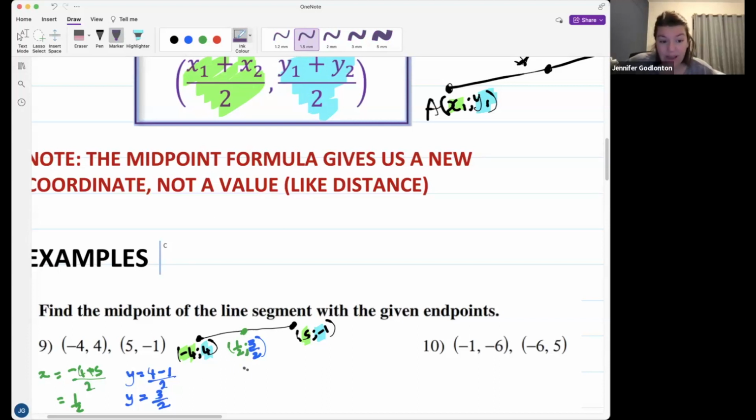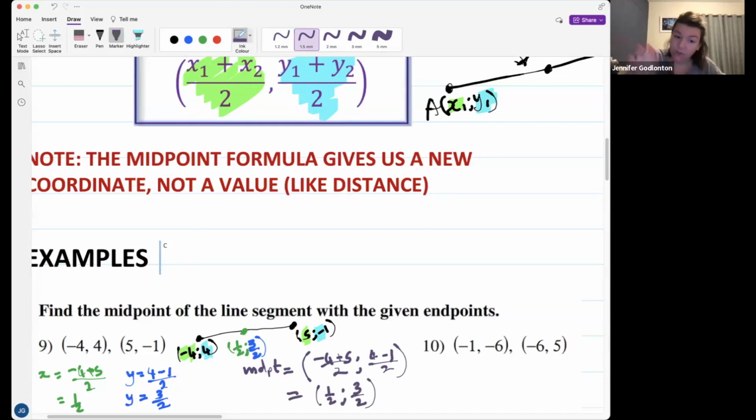So you can say your midpoint is equal to big coordinates, your x values, -4 plus 5 over 2, your y values, 4 minus 1 over 2, close that up, and you will get to your same answer. Okay, so the purple is just doing it in one step. The green and yellow is just looking at them individually, which sometimes helps depending on what information you're given.